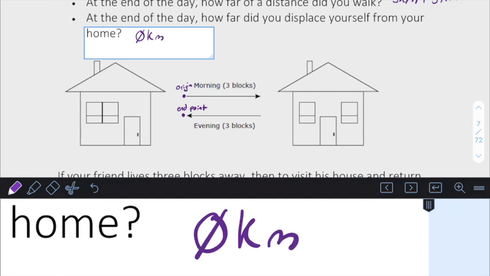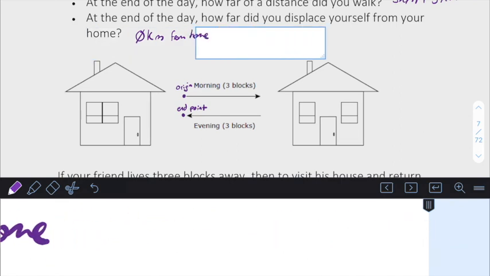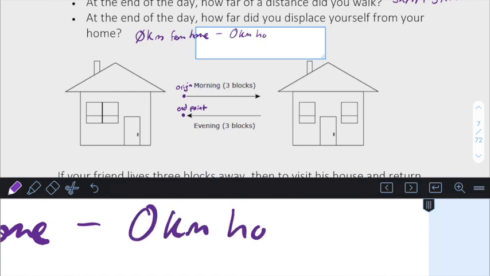You ended at 0 kilometers from home, because you're at home, and you subtracted from your initial position, which was 0 kilometers from home, because you were at home. And that gives you 0 kilometers displacement.